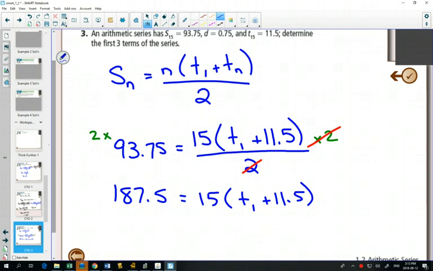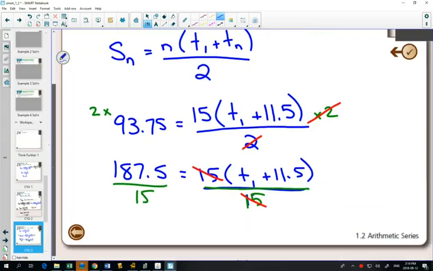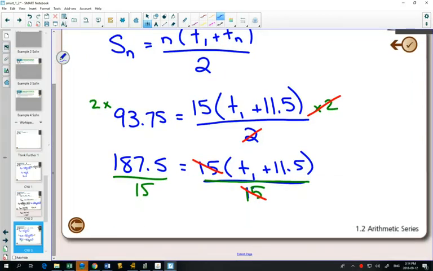What would you like to do next? Divide both sides by 15? I'll do that in green. Whatever math we're doing on each step, I'll do in green. That's nice because 15 divided by 15 is 1, so those would simplify. And again, someone check my math. Is this 12.5? Okay, good.